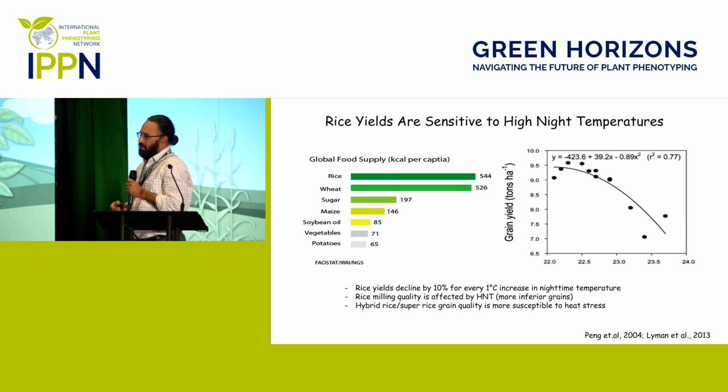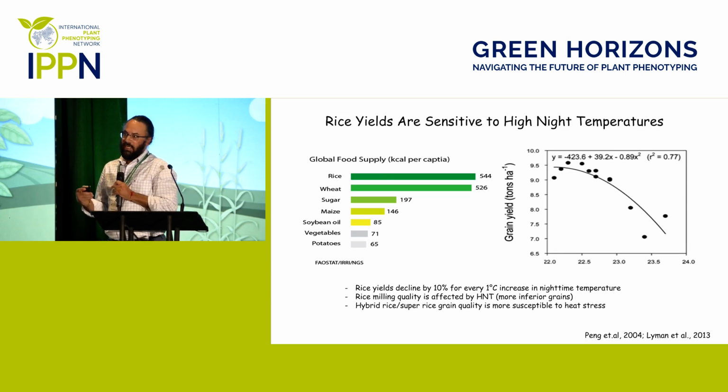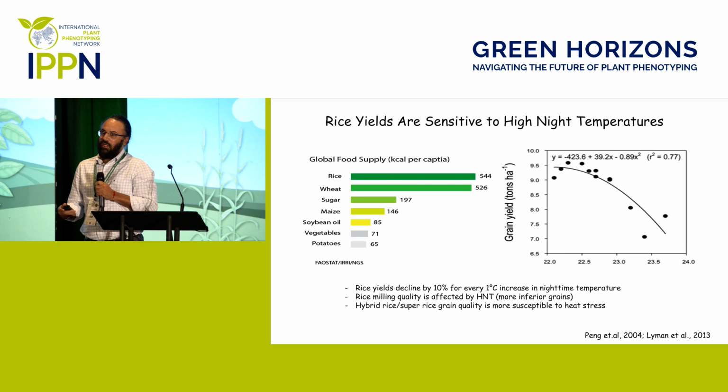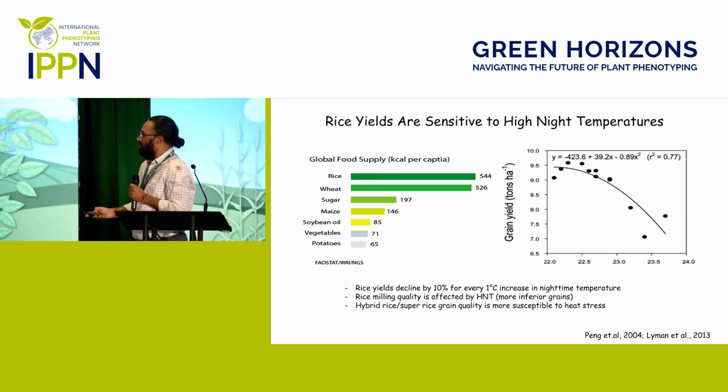So the matter is not only about the yield, which certainly is very, very important, but it's also about the milling quality. Rice needs to be polished, and if you have milling issues or quality issues, in terms of breakage and usage, you have poor rice, and a lot of it can get wasted and not consumed by humans.